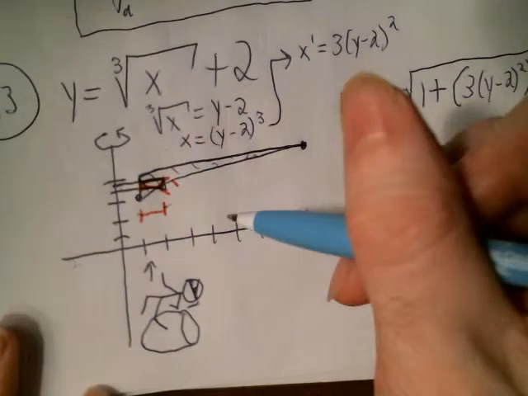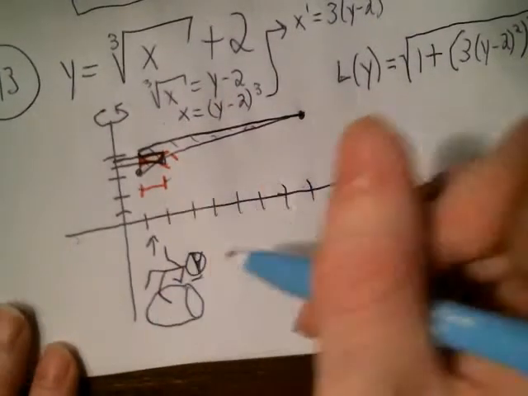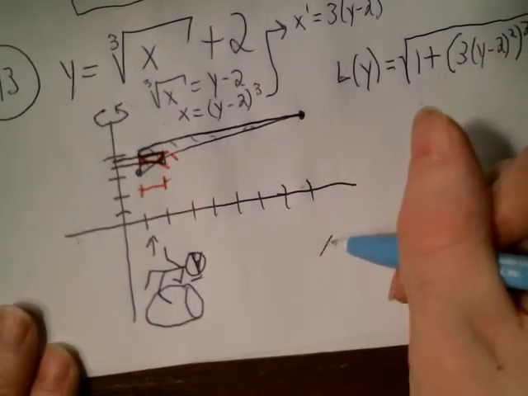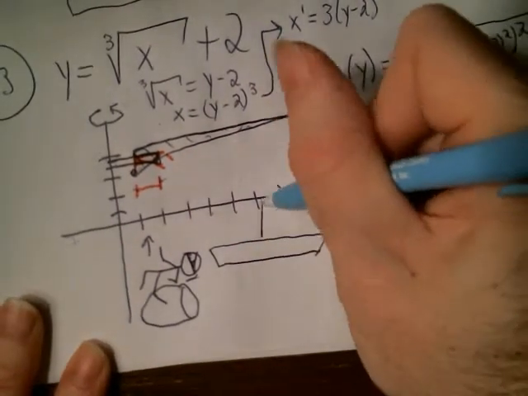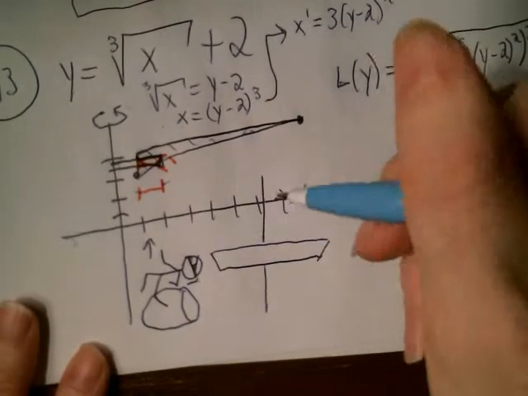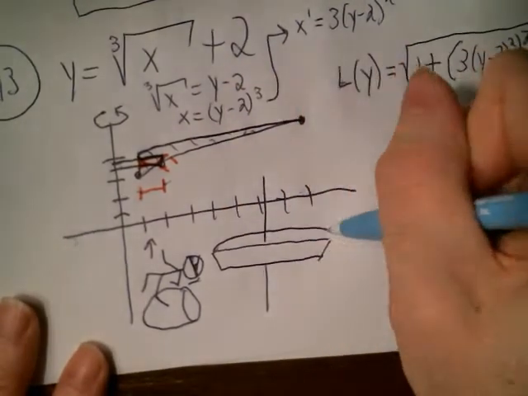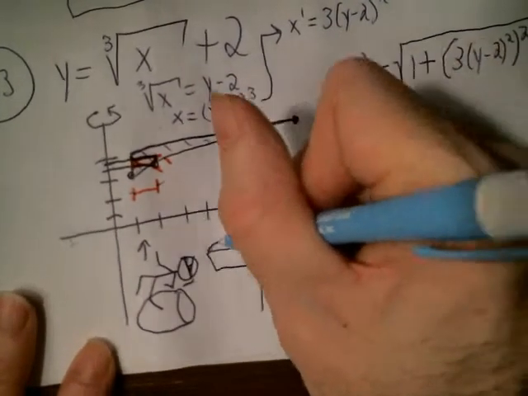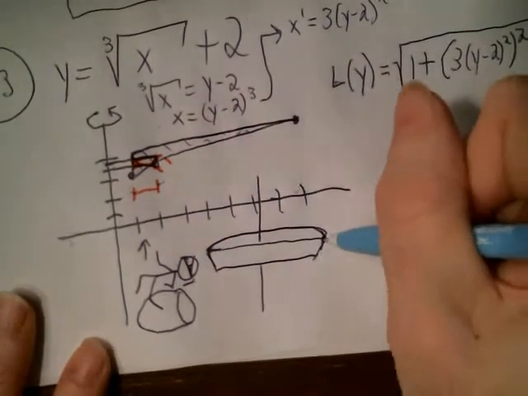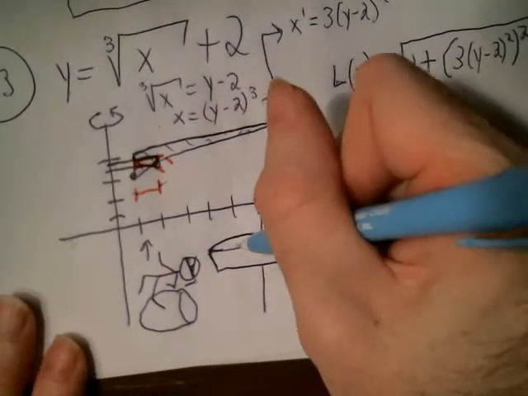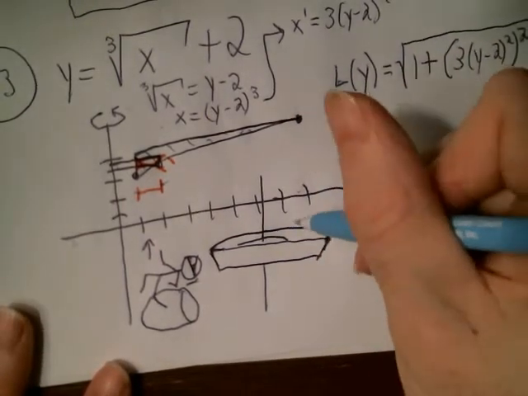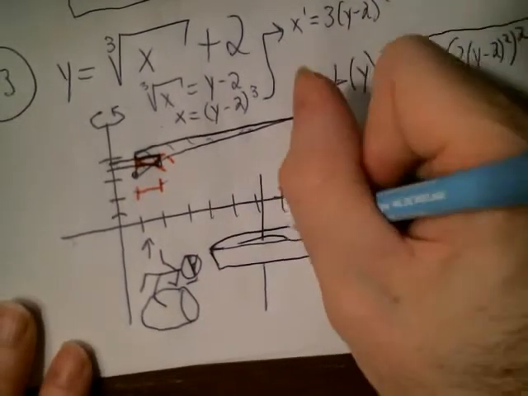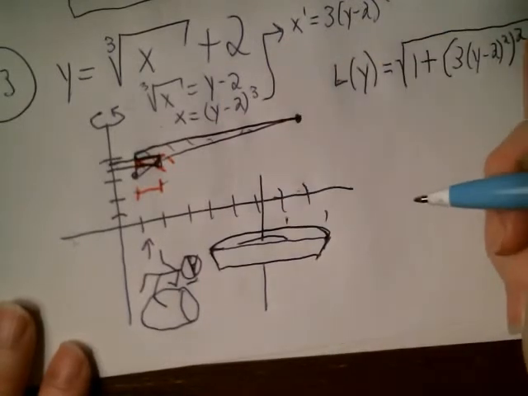Because this region, when I rotate it, is going to look like this object where the y-axis is sitting right here. If you want to put some dimension in there, it'll look like this. And it's not this dimension I'm after for the radius.